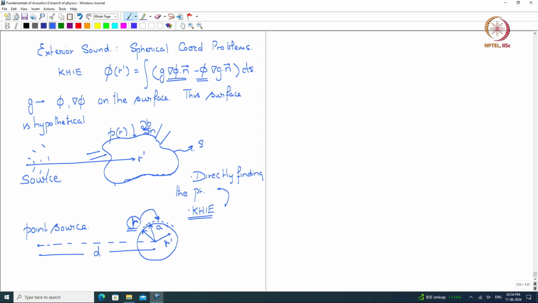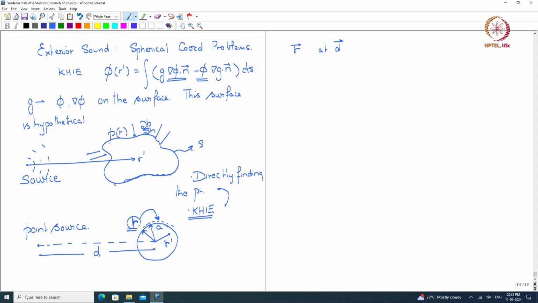Okay. So now what is the pressure at any general location R bar due to a source at, let us say, D bar?